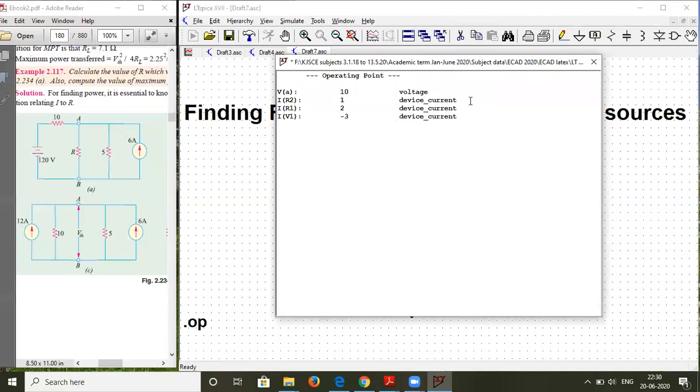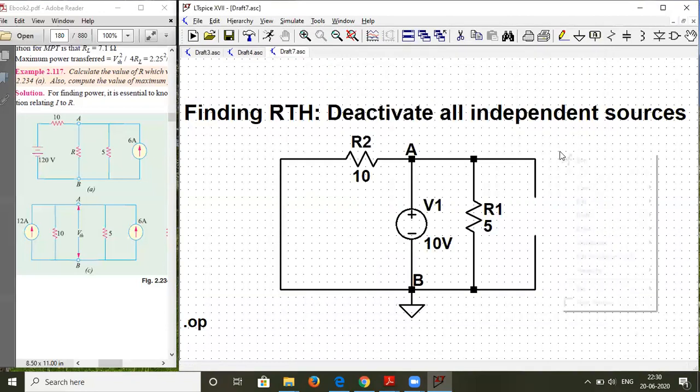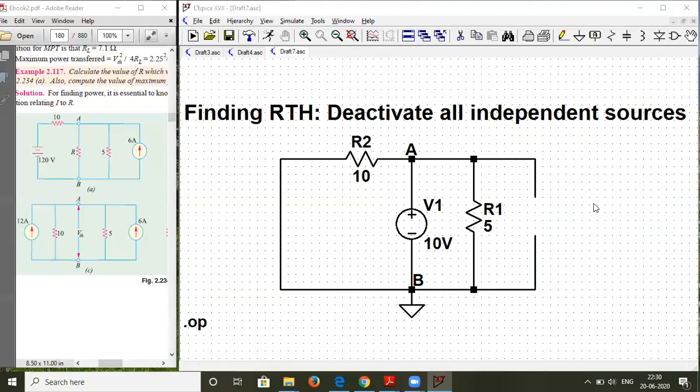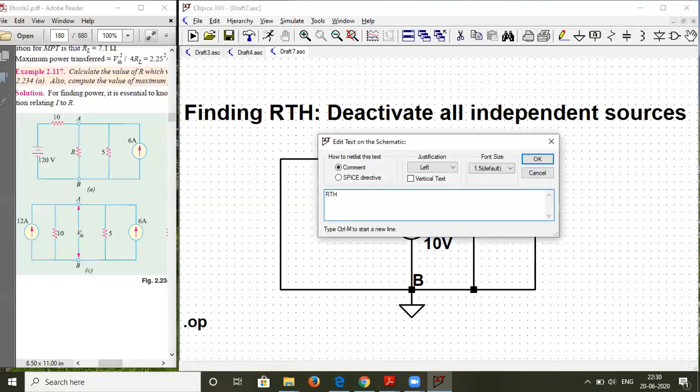So the current flowing through it is around 3, sorry. So here RTH, or we can write RAB, is equal to V1 divided by I(V1). So this is around 10 divided by 3, which is equal to 3.333 ohms.